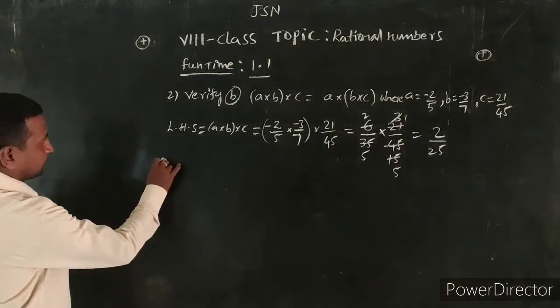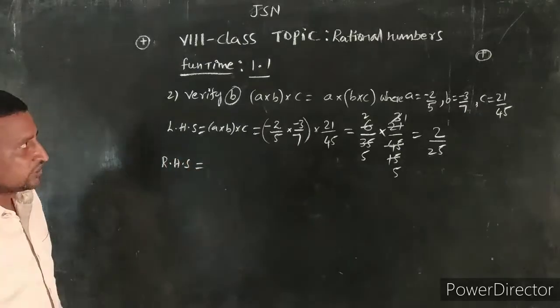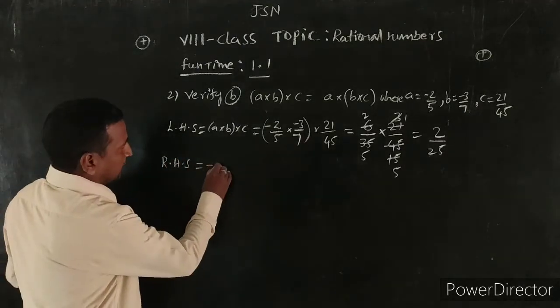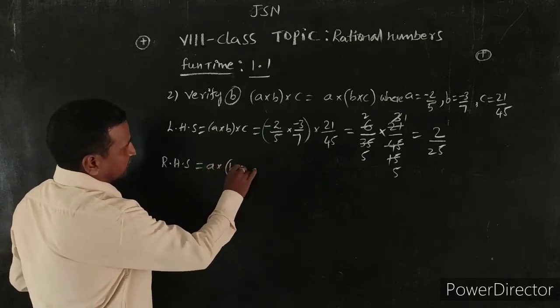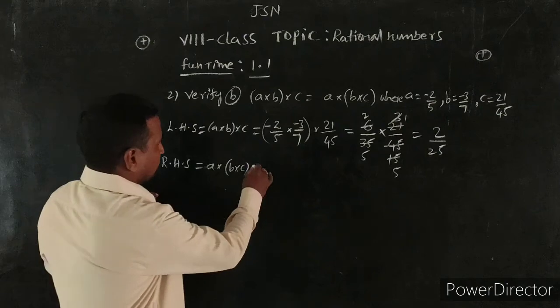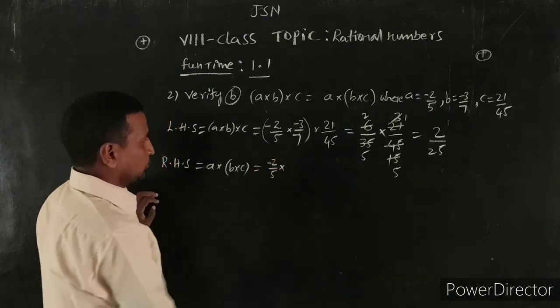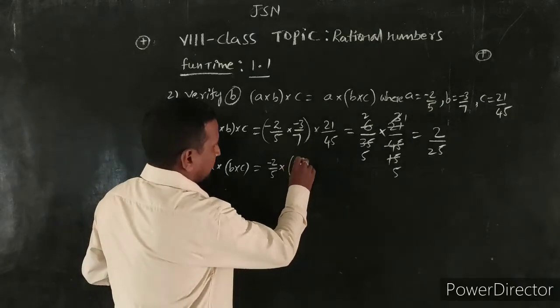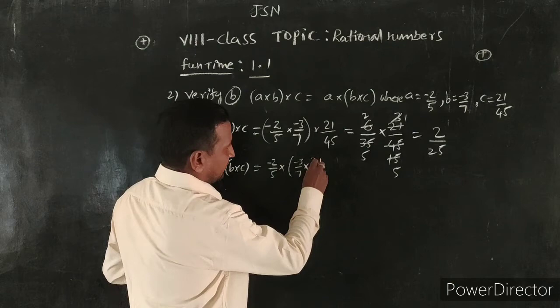Now RHS equals A into bracket of B into C. A means minus 2 by 5 into bracket of minus 3 by 7 into 21 by 45.